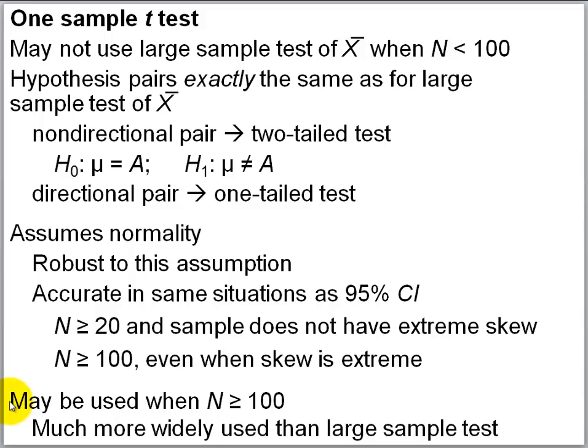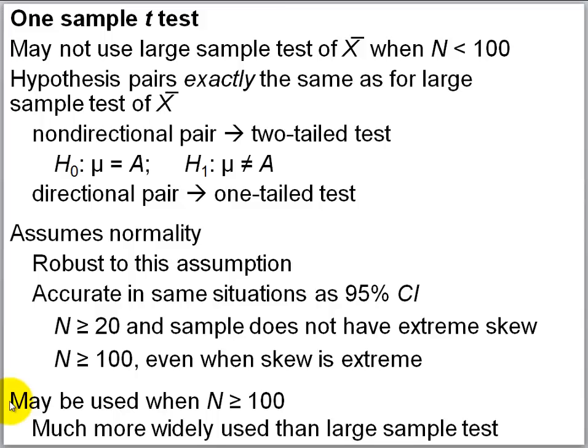Just as is the case for confidence intervals, when sample size is greater than 100, tests based on the t-test are used much more often than are those based on the normal distribution. So even when sample size is greater than 100, I recommend using the one-sample t-test rather than the large sample test.